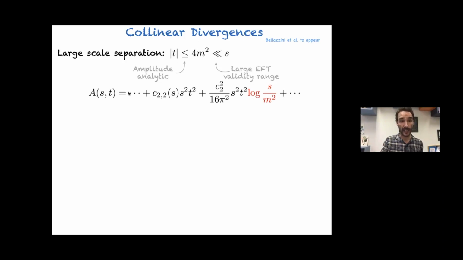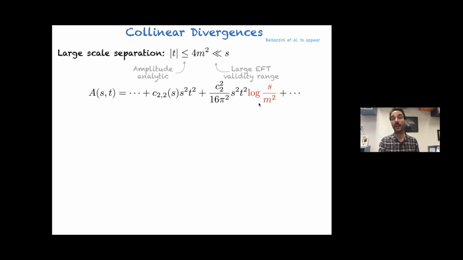Indeed, when you look at the amplitude, the loop effects that I mentioned before, the one in the t channel, gives a contribution of this sort. It contributes to the s squared t squared coefficient, so the C2,2, but it's not of the running form.